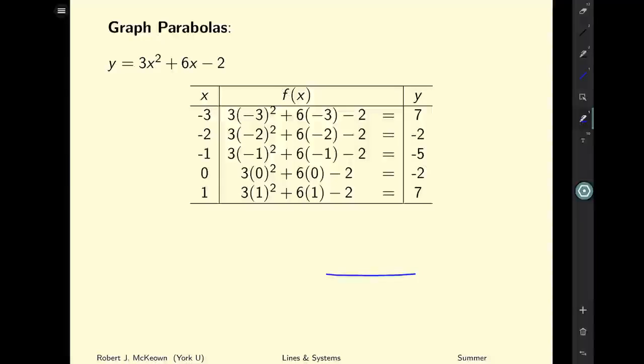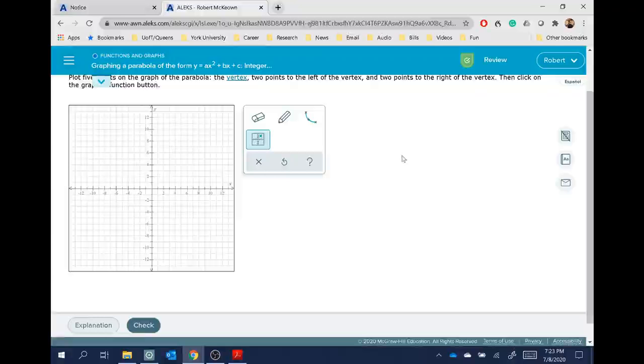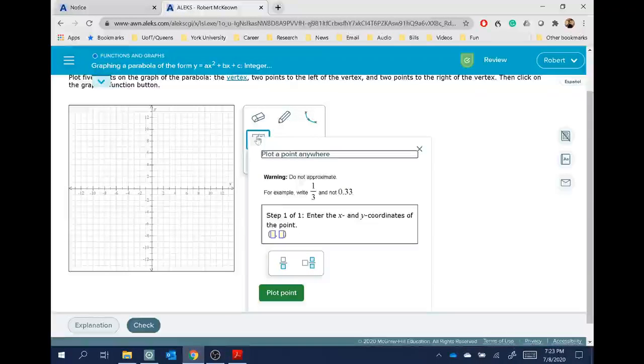We can now go over to ALEKS, and I'll show you how to graph this parabola in ALEKS. Anywhere feature in ALEKS, and that's this little diagram here with the x on it. So I'm going to click on that, and it says plot a point anywhere.